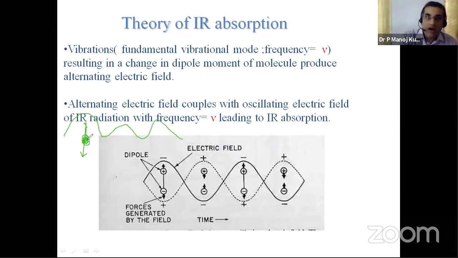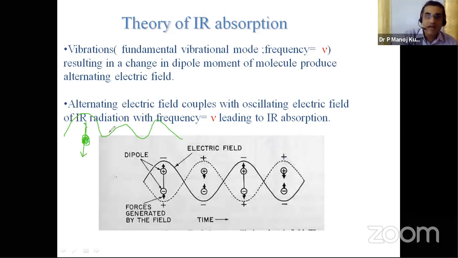Now what happens when the frequency with which these two atoms are vibrating in the bond becomes equal to the frequency with which this photon is vibrating? There is a resonance happening between the two electrical fields.